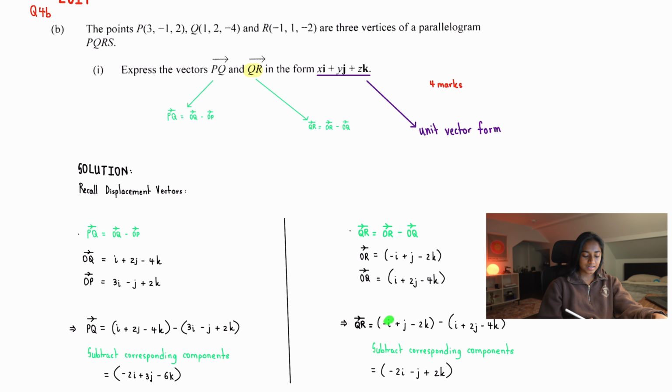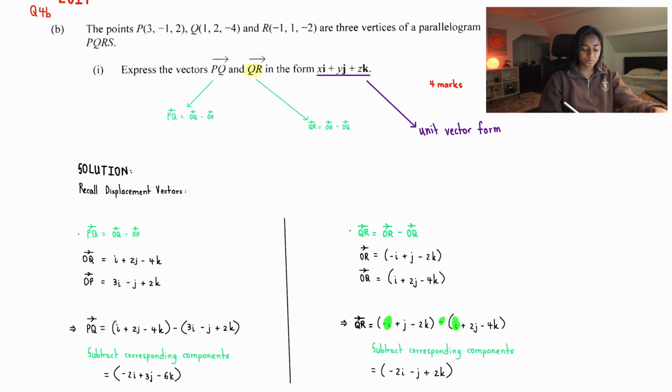So, we have minus I minus I, which would be minus 2I, plus J minus 2J, which would be minus J, minus 2K minus 4K, minus and a minus is a plus, so remember that, minus 2K plus 4K, which would be equal to 2K. All right, so that would give us the vector QR.